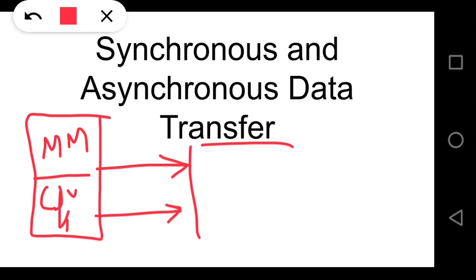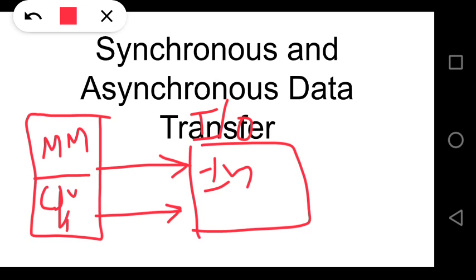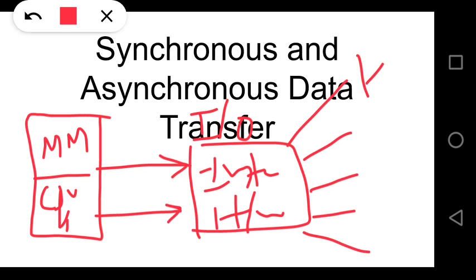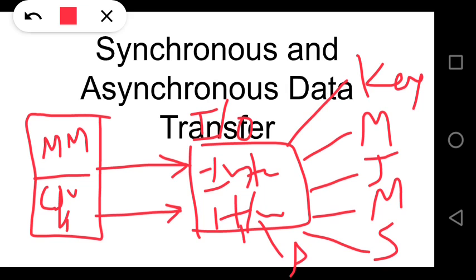If this is an I/O interface, which is hardware connected to external devices like keyboard, mouse, joystick, monitor, speaker, printer, scanner. So these are all data transfers.